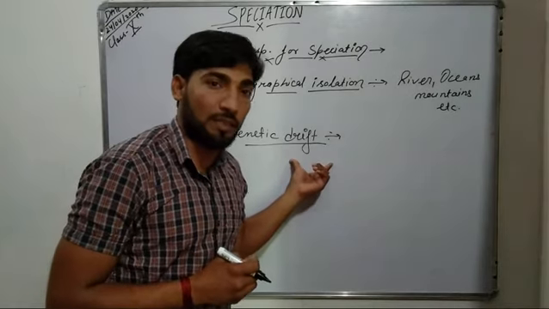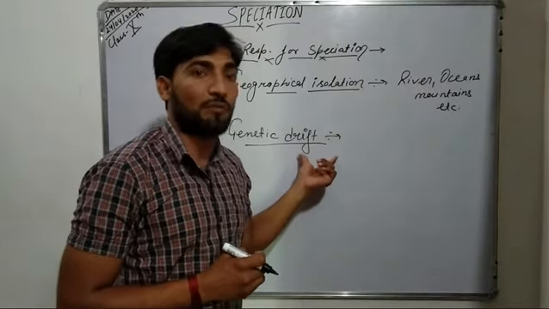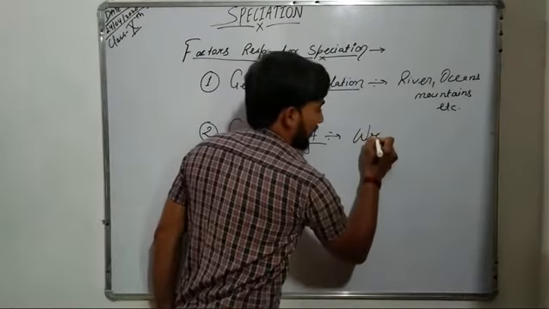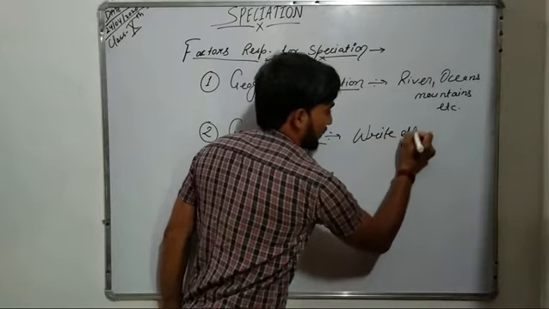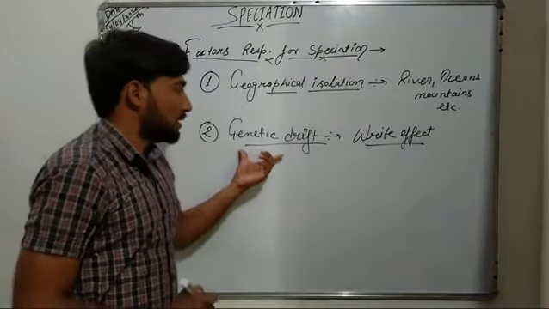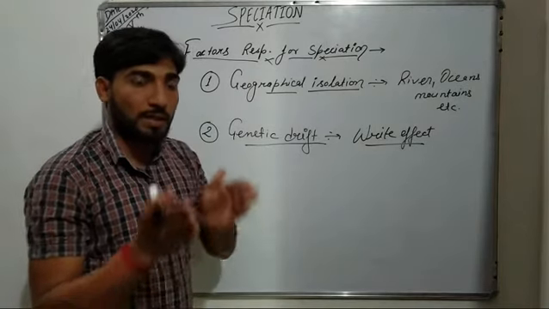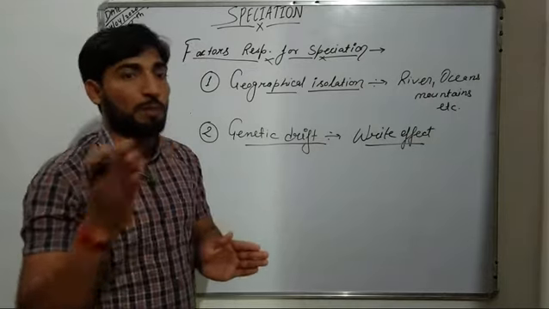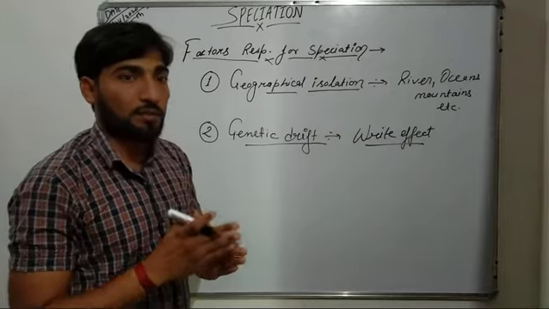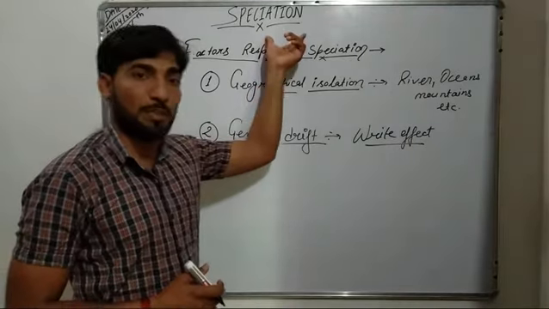It is also known as the Sewall Wright effect. This genetic drift results in reproductive isolation of a section of a population from the rest of the parental population, and reproductive isolation again causes speciation.